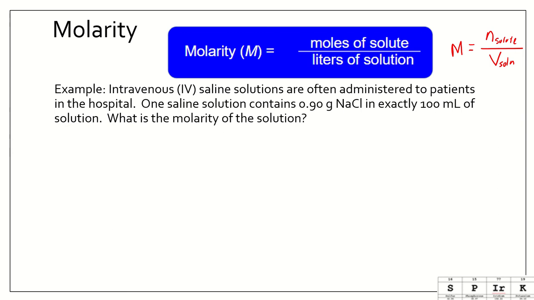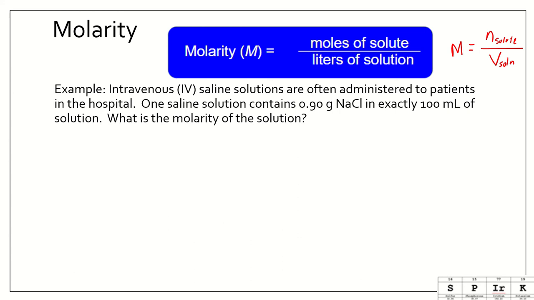Intravenous saline solution, or just an IV, is often administered to patients in the hospital. One saline solution contains 0.90 grams of sodium chloride in exactly 100 milliliters of solution. What is the molarity of the solution?